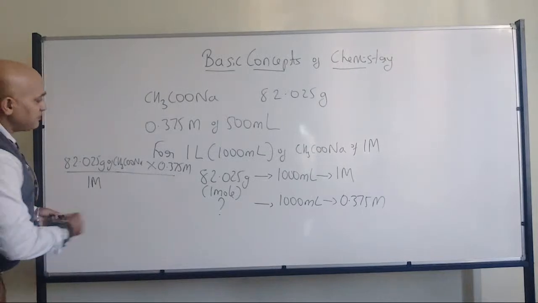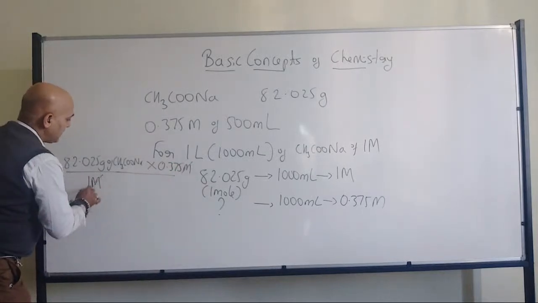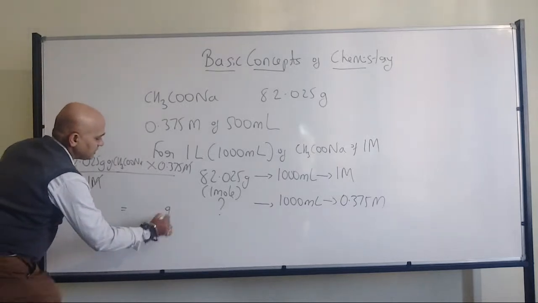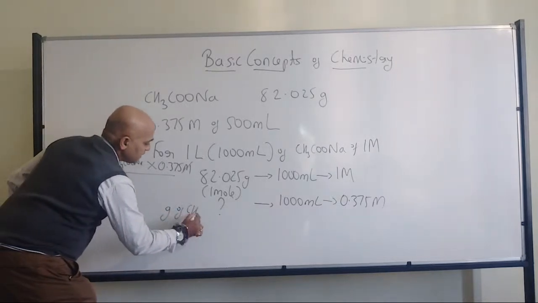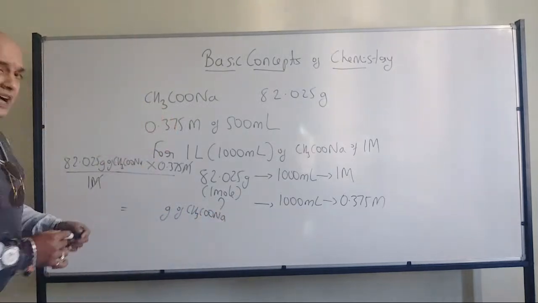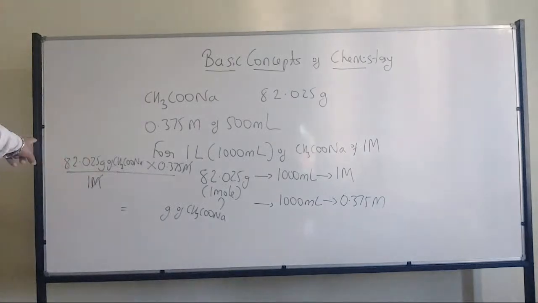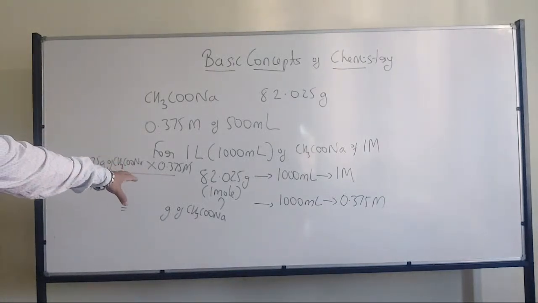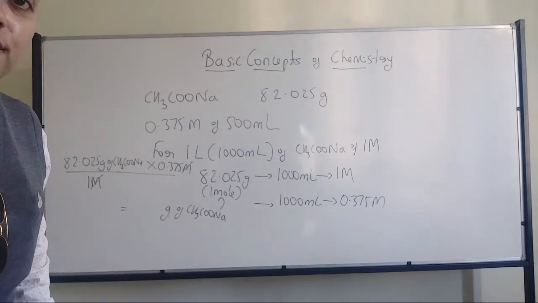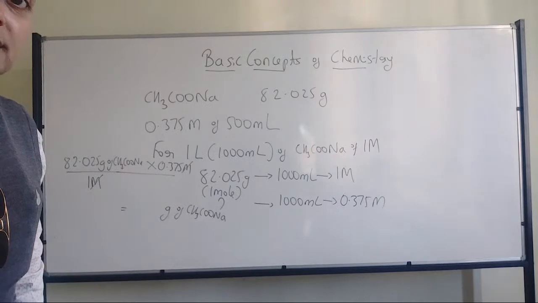The molar will get cancelled. Whatever answer comes will be in grams of sodium acetate. Can any one of you tell me the answer? So 82.025 grams multiplied by 0.375. How much? Any one of you have got the answer?